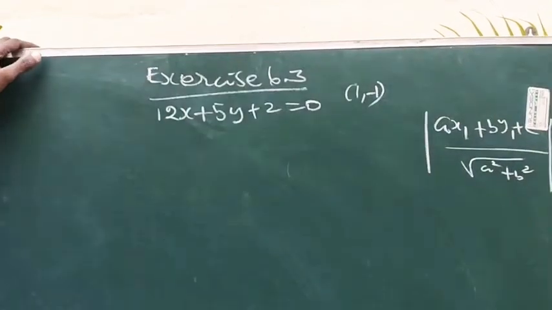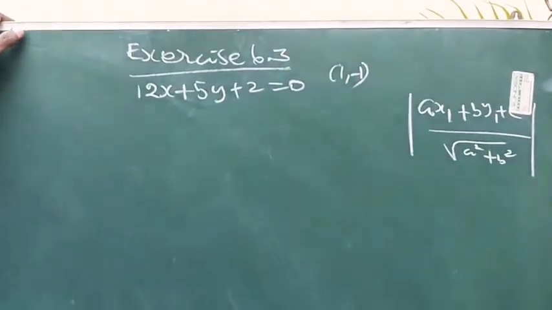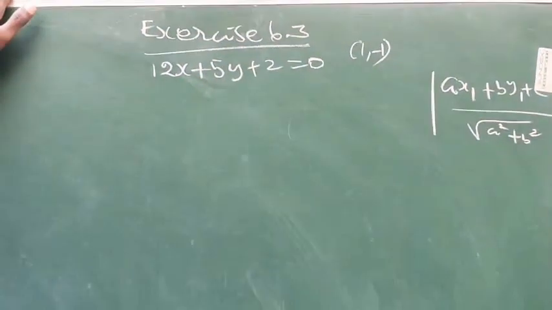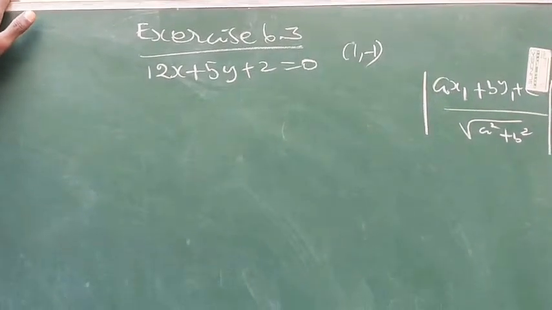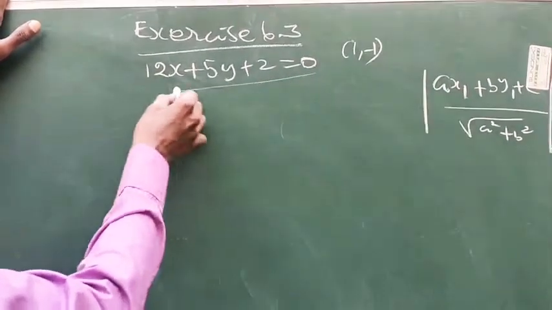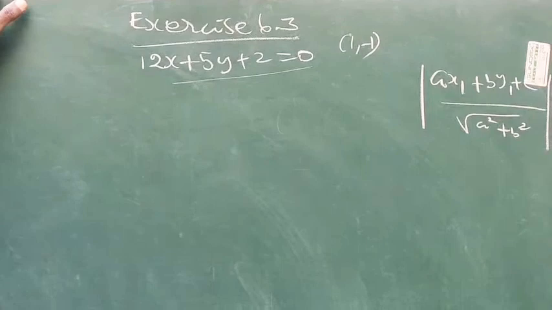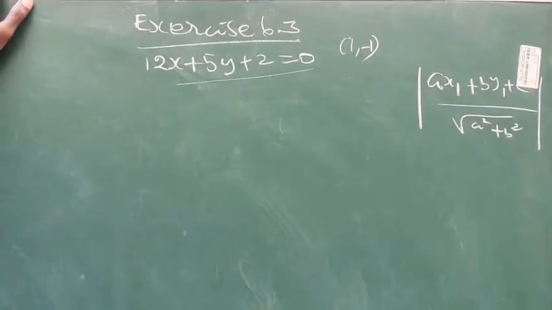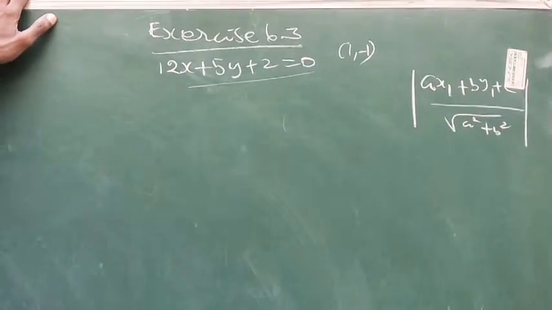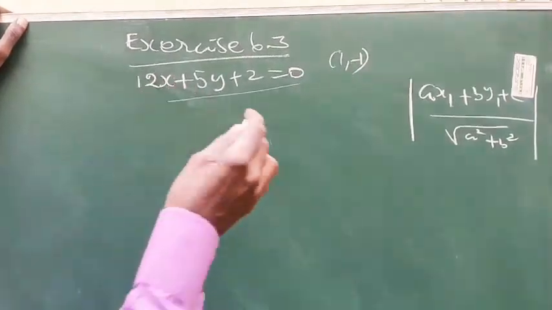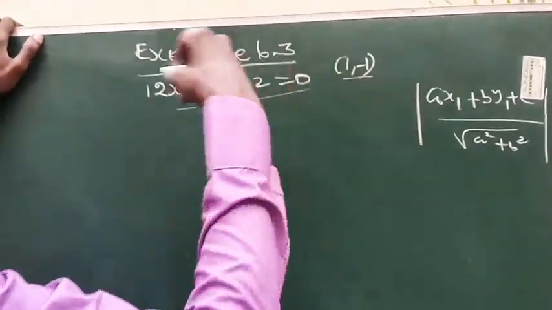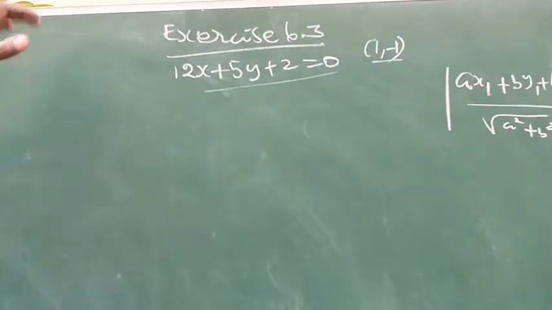Our aim is to find two straight lines. The required line is parallel to this straight line, and unit distance means the distance from this point to the required line is 1.